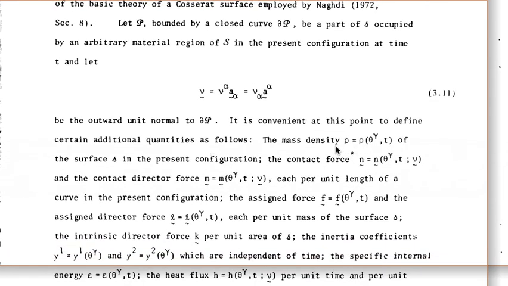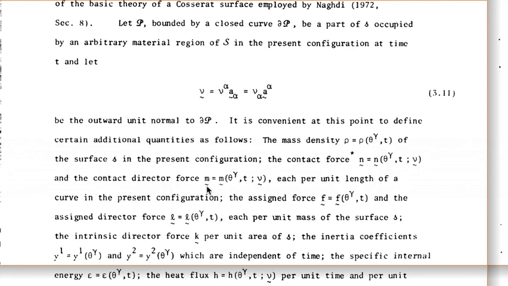So here we have mass density as rho, and S is the surface in the present configuration, and on that there is a contact force N. So when we write the balance equations for that surface element, then this contact force N will come into the picture.